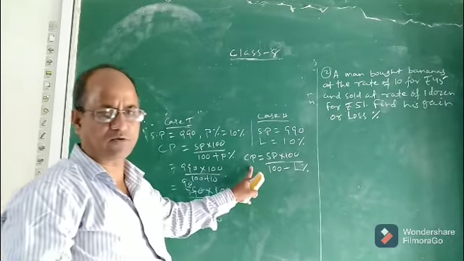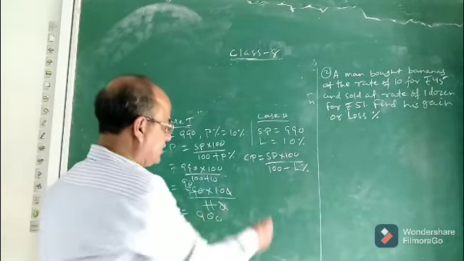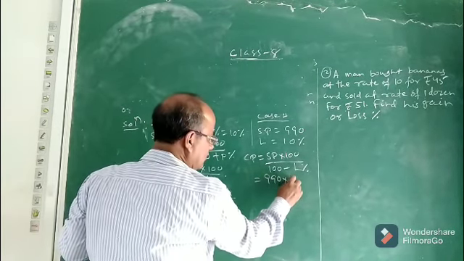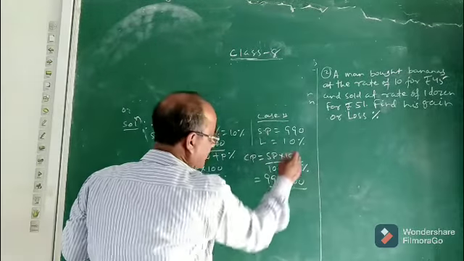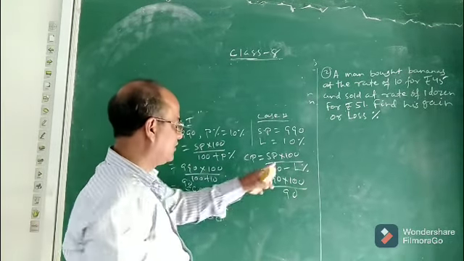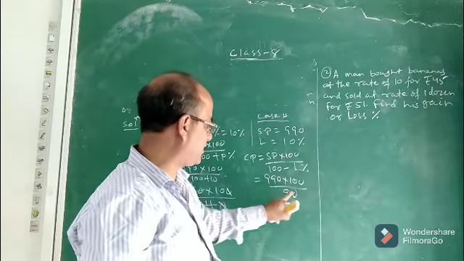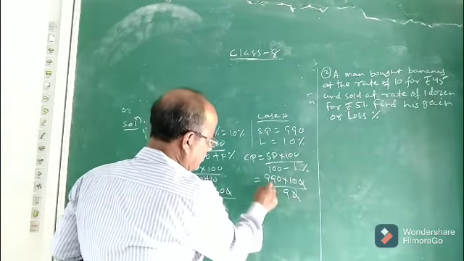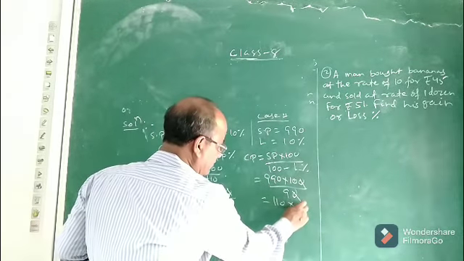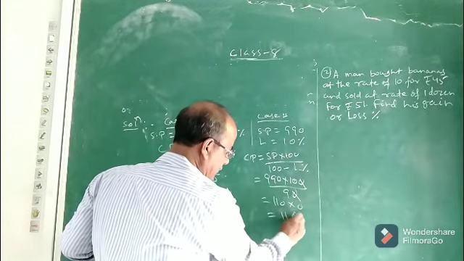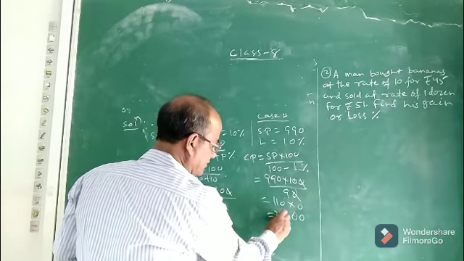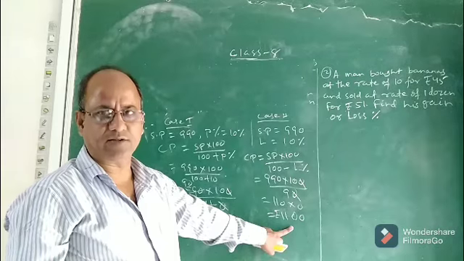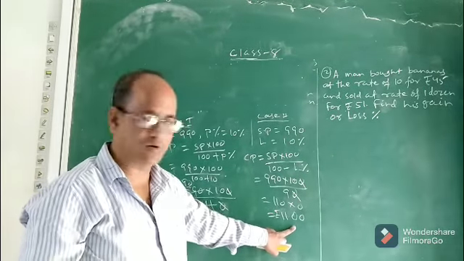Now SP is 990 into 100 divided by 100 minus 10, which is 90. Now 0 cancels, 9 cancels, it will be 110 into 10, which is 1100. The cost price of the second jeans will be 1100 rupees.